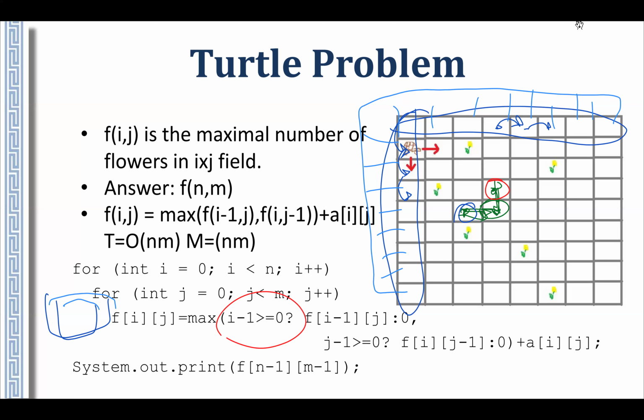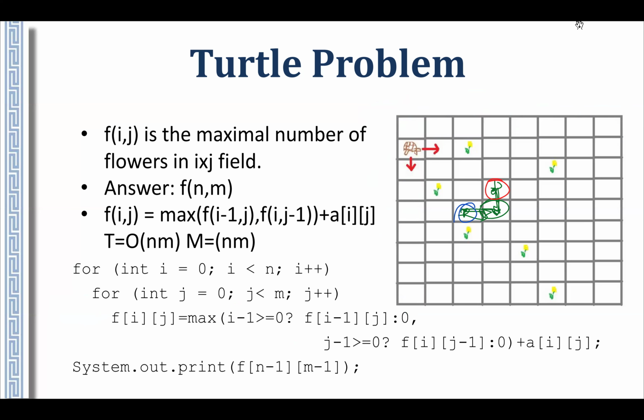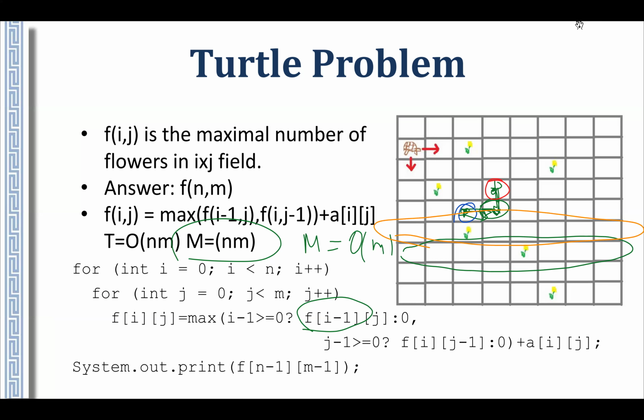Similar to the grasshopper problem, we can decrease our memory. We can get memory not n times m, but just O(m), because you can see that when you compute some line, you need only the previous line in our formula.